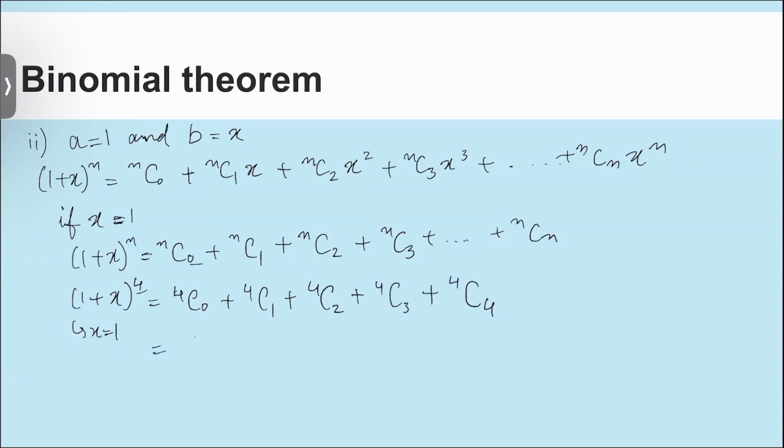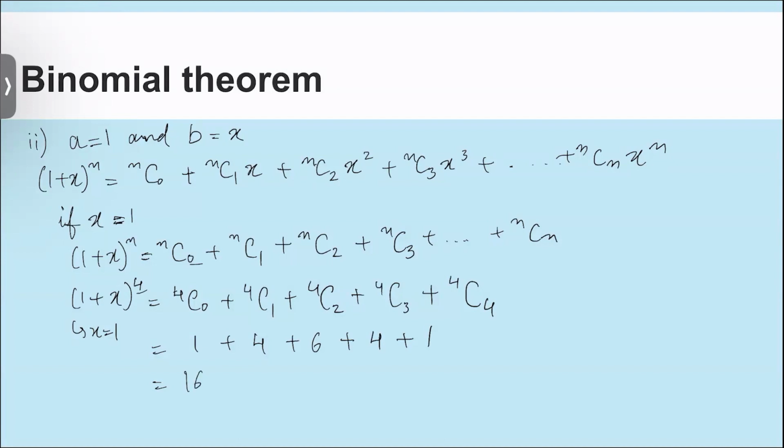Okay. So this will be 1 plus 4, then this will be 6, this will be 4 again, and this will be 1. So what you get is 5, 5, okay, 10, 10 plus 6, 16.